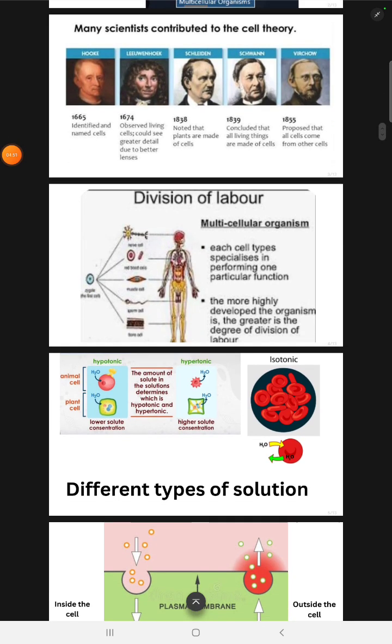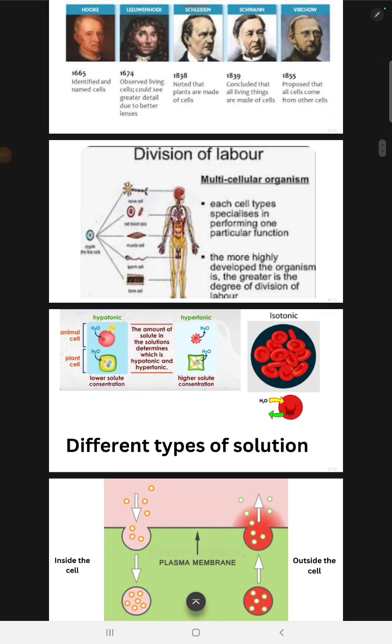Now coming to the different types of solutions that can happen with the living cells, maybe it is of animal cell or plant cell. The different types of solutions are the hypotonic solution, the hypertonic solution, and the isotonic solution.